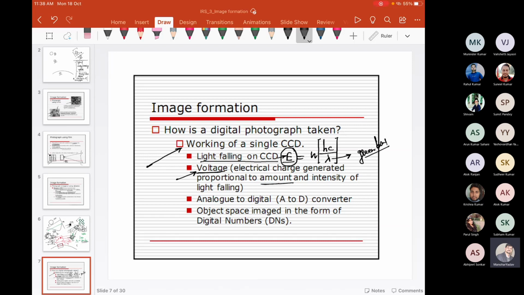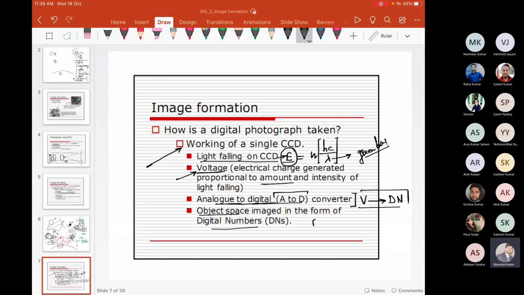Then we'll have an analog to digital conversion. This part I will discuss later on, how the analog to digital converter works. This analog to digital converter converts the equivalent voltage signal into the digital number. Now in the object space, the image is represented in terms of digital numbers.